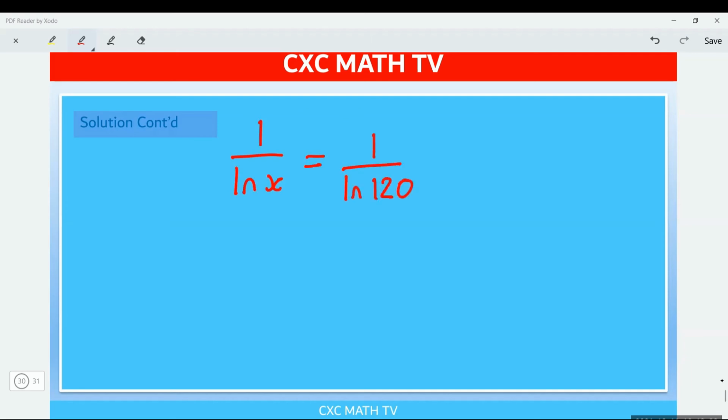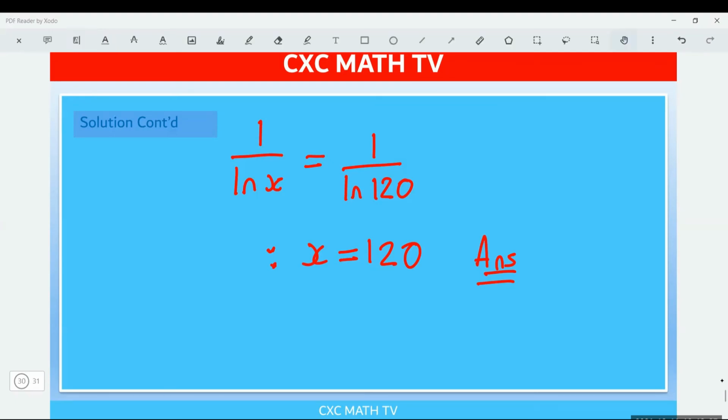And therefore, x is equal to 120. And that is our answer. All right, so this was fairly simple, fairly nice, really easy. x works out to be 120.